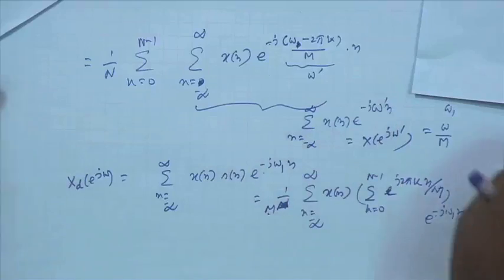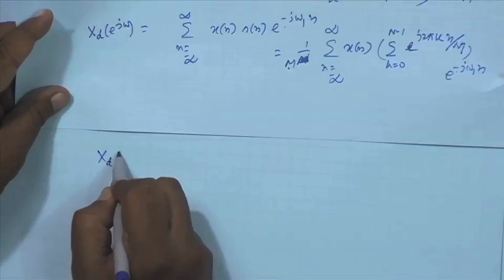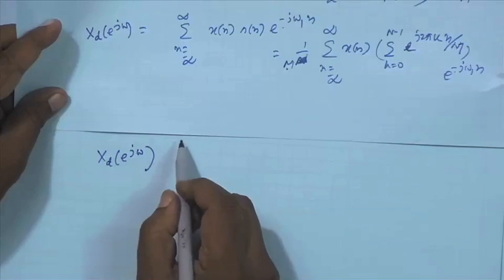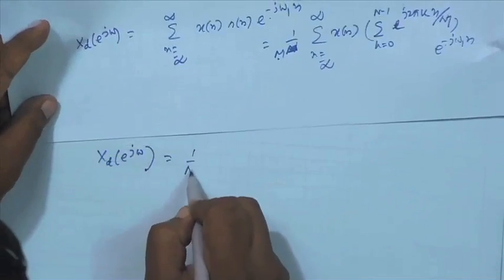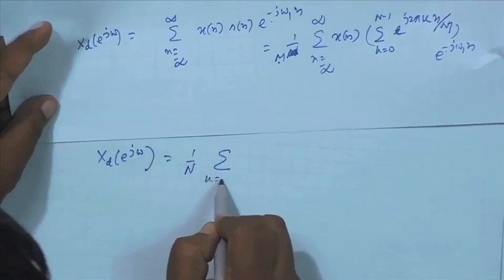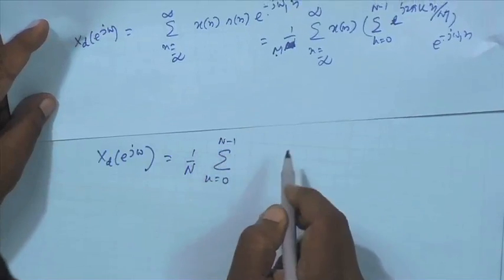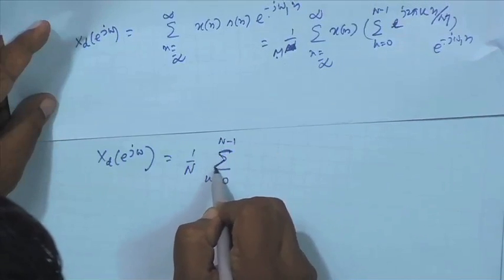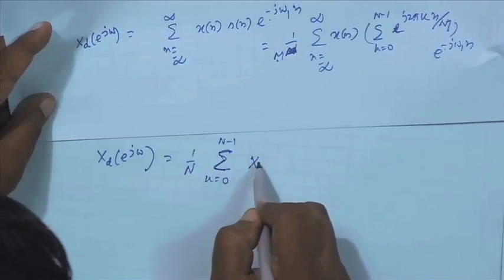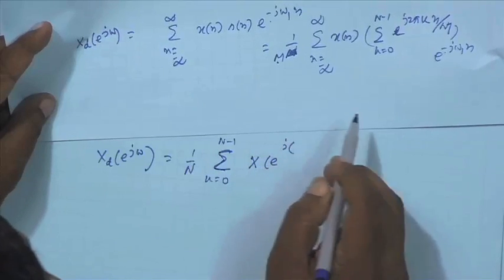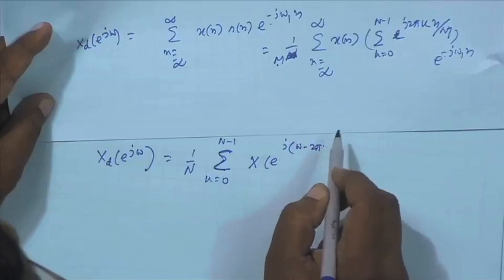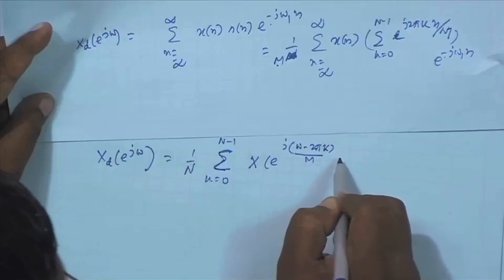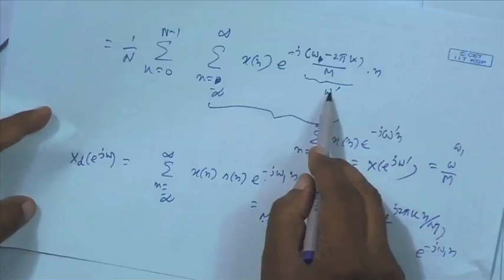So, this entire thing then turns out to be X d e to the power j omega is 1 by M, times the sum of the DTFT at this much frequency omega prime.